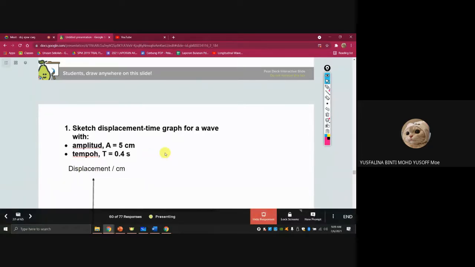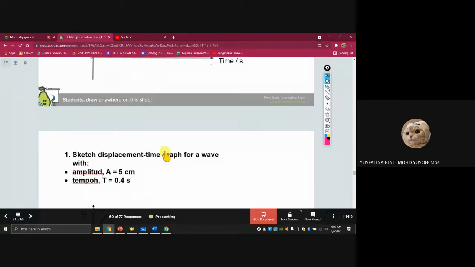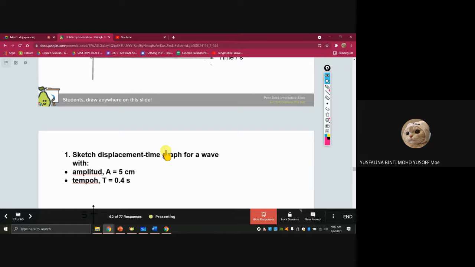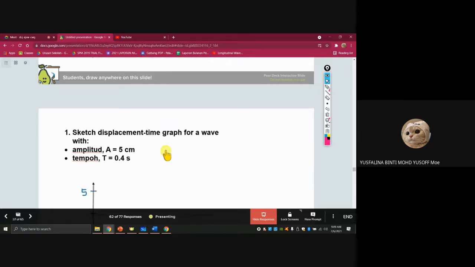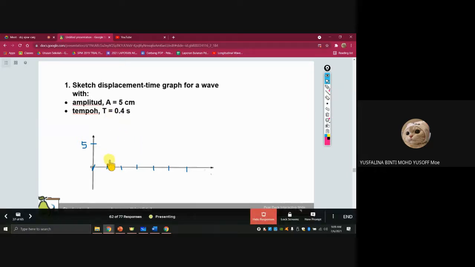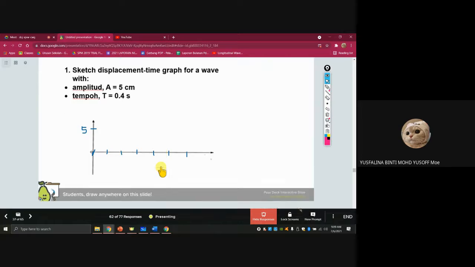If you start from the equilibrium position, meaning start from 0, you have to make two semicircles. But if your graph starts from the crest, you have to go crest to crest to get one period. Also remember the scale, you have to put the scale for the x-axis.